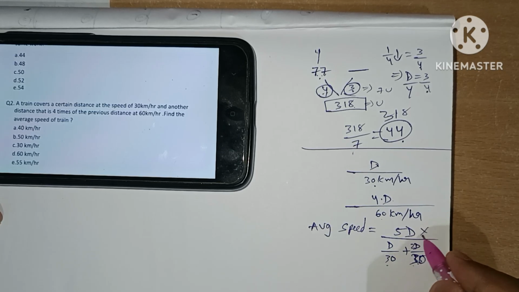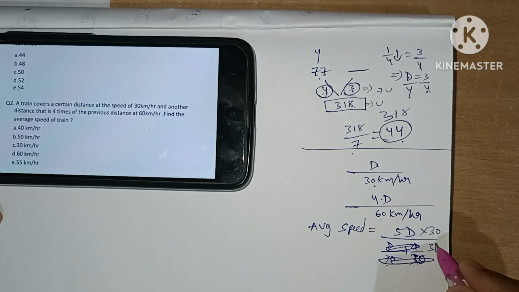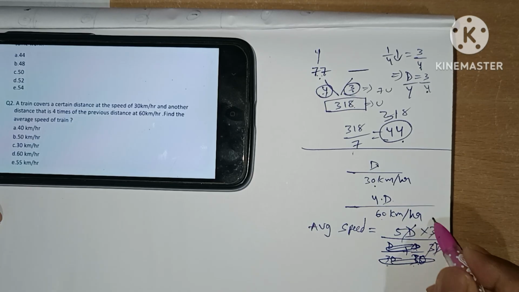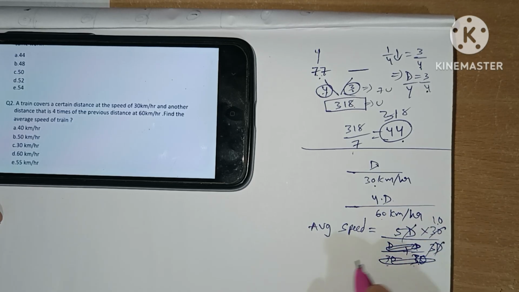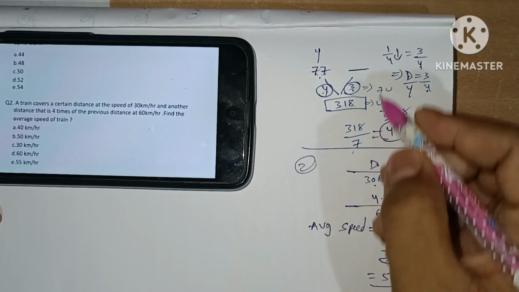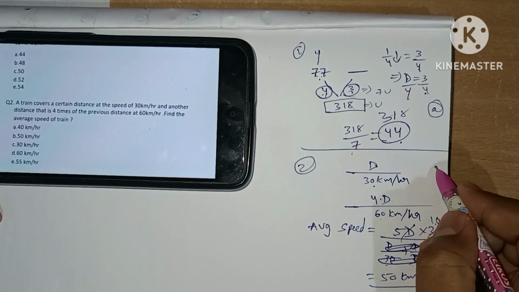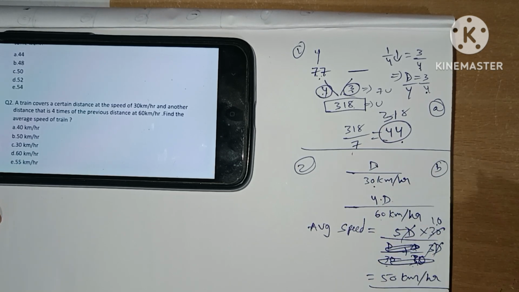So this 30 goes to the top, and what we have is 3d here. d and d cancel, 3 10s are 30, and what we are left with is 50. So the answer is 50 kilometers per hour. This is the answer for the second question. The first one is option A, the second one is option B.